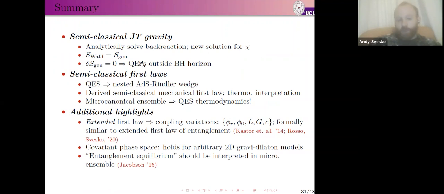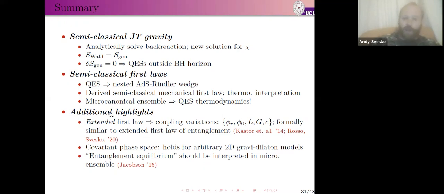With that solution, you find that the Wald entropy entirely captures the generalized entropy, and that extremization of this generalized entropy leads to a non-trivial quantum extremal surface that lives outside of the eternal black hole horizon. From there, we found that the QES naturally defines a nested AdS Rindler wedge, from which we derived semi-classical, mechanical, and thermodynamic first laws, and found that when you work in the microcanonical ensemble, these statements transfer to a statement about QES thermodynamics.